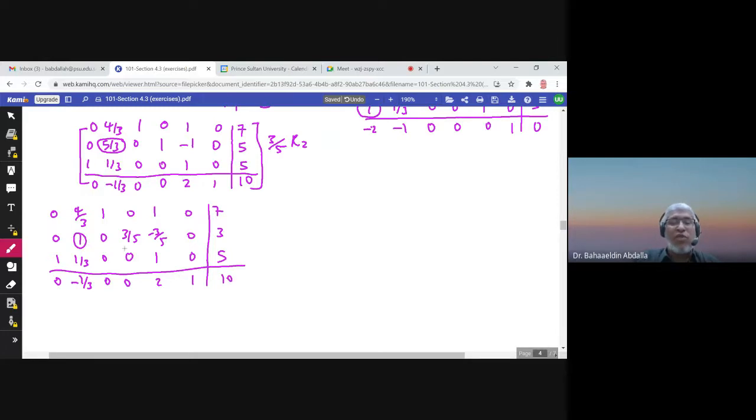And now we use this one to make all other numbers in the same column zeros. So negative 4 over 3 R2 plus R1. Negative 1 over 3 R2 plus R3. 1 over 3 R2 plus R4, and we will have the new matrix. So the second row as it is.